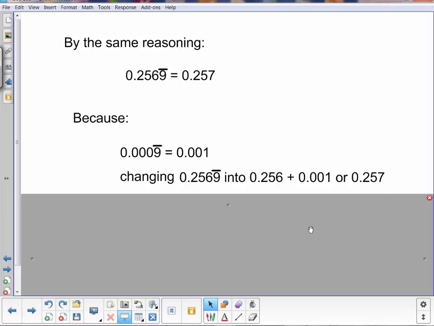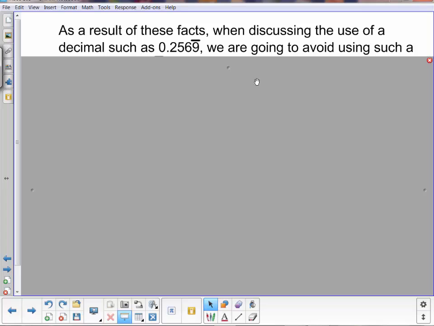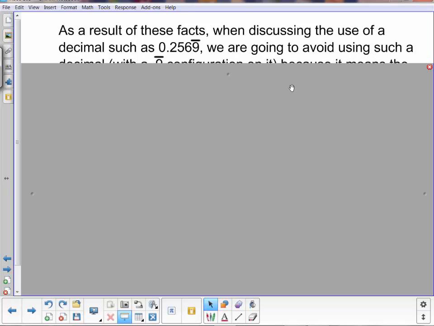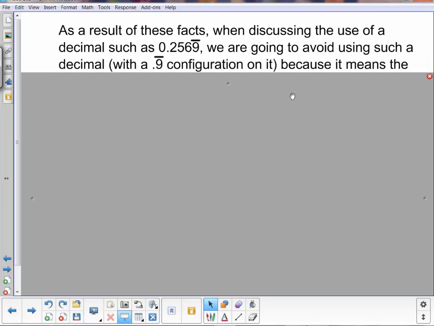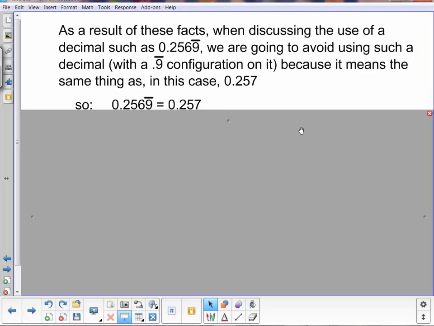Now, why is this important? Well, as a result of these facts, when discussing the use of a decimal such as 0.2569 bar, we are going to avoid using such a decimal with a 0.9 configuration on it, because it means the same thing in this case as 0.257.